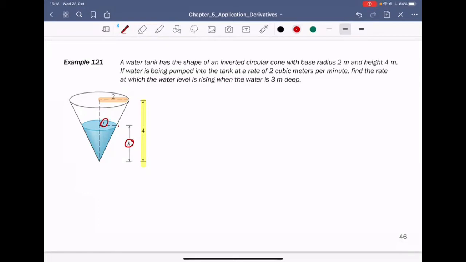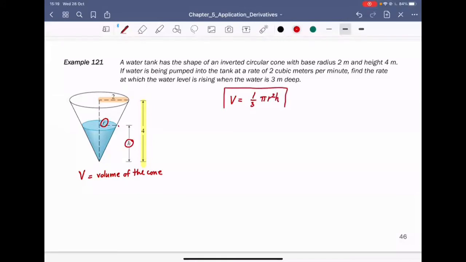And you also have V, the volume of the cone at time t. You need the formula for the volume of the cone: V equals 1/3 pi r squared h.